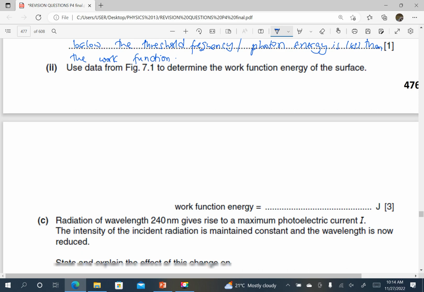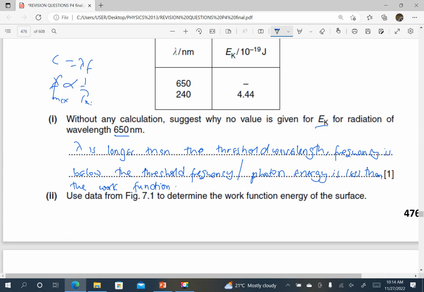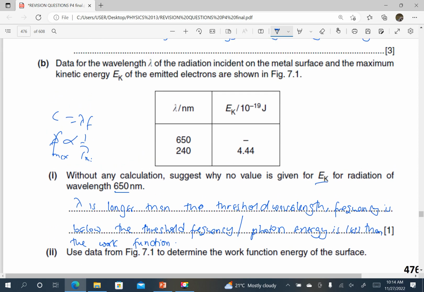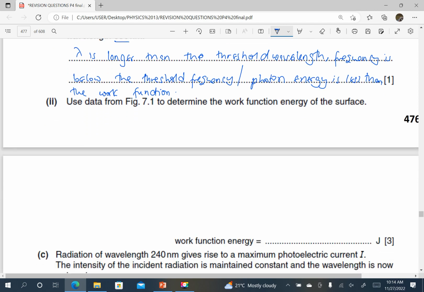Okay, use data from the figure to determine the work function energy of the surface. From the figure we have 240, the kinetic energy has been given there. From the table we know that the energy of the photon is hc over lambda, which is equal to the work function plus the maximum kinetic energy Emax.